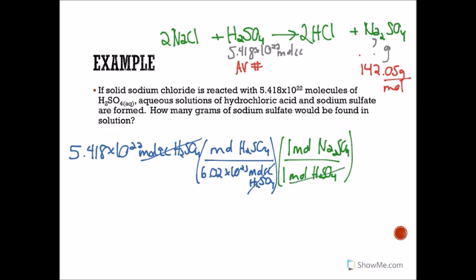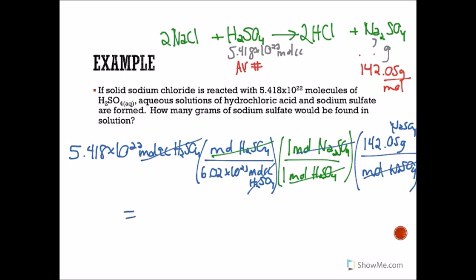Now that we've converted to moles of sodium sulfate, I need to convert my final answer to grams using that molar mass: 142.05 grams of sodium sulfate per mole of sodium sulfate. And those cancel off.